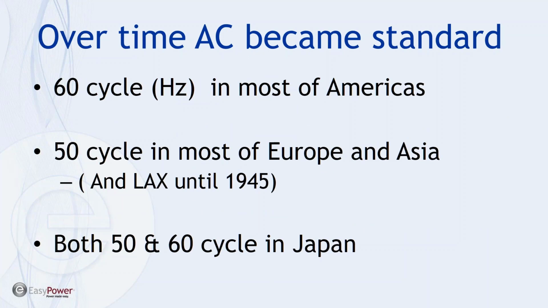Well, over time, AC did become the standard for energy distribution, and the standards became pretty much a 60-cycle distribution system in the Western Hemisphere, or most of it, and 50 cycles in most of Europe and Asia. And as I understand, even Los Angeles was devoted to a 50-cycle distribution system up until about 1945. And then Japan actually has distribution both at 50 cycles and 60 cycles. A little bit of trivia.